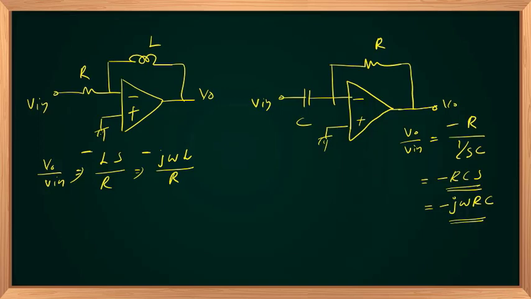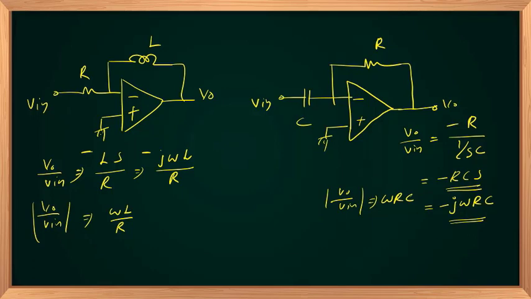So in both cases, it appears proportional to omega in the numerator. So it acts as a high pass filter, because if you are taking the magnitude here, this will become omega L by R, and the magnitude of V out divided by V in here will become omega RC.